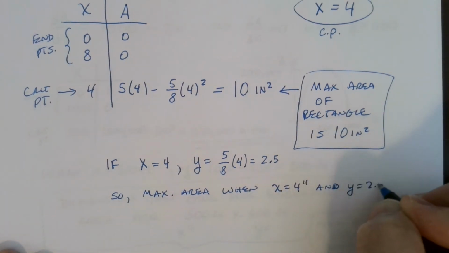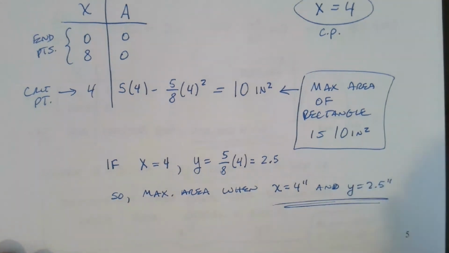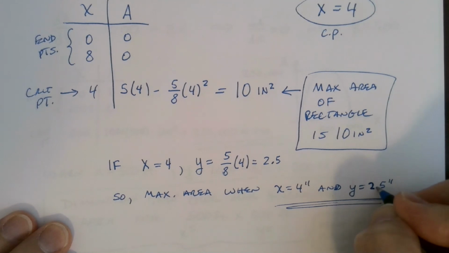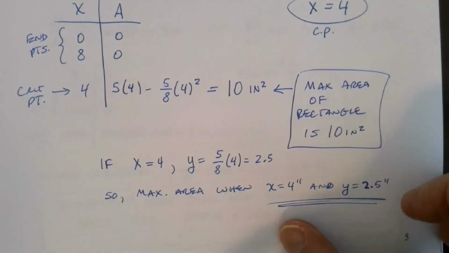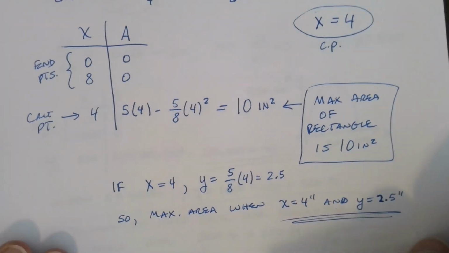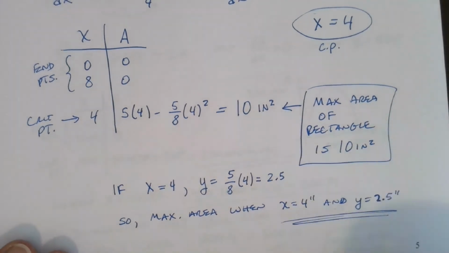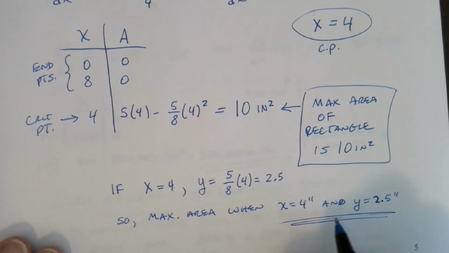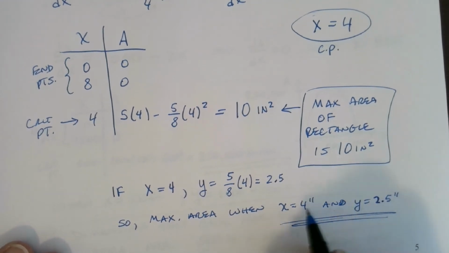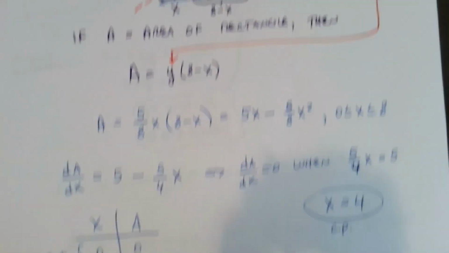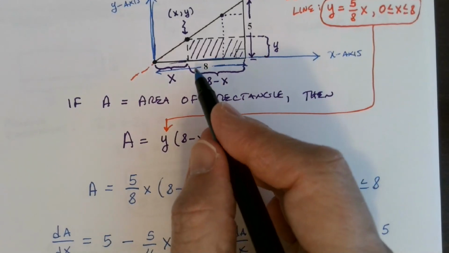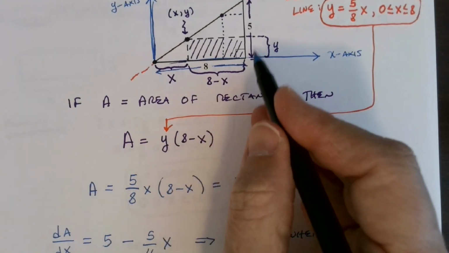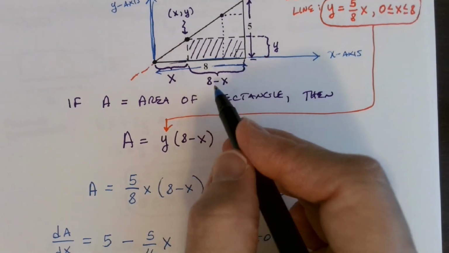So I just want you to note that's not a square. So it's not a square that maximizes. Wait, I'm completely wrong, excuse me. The max area is when x is 4 and y is 2.5. This is not the dimensions of the rectangle. Let's go back to the rectangle. I almost messed up. The rectangle's height was y, yeah, but the length was 8 minus x.